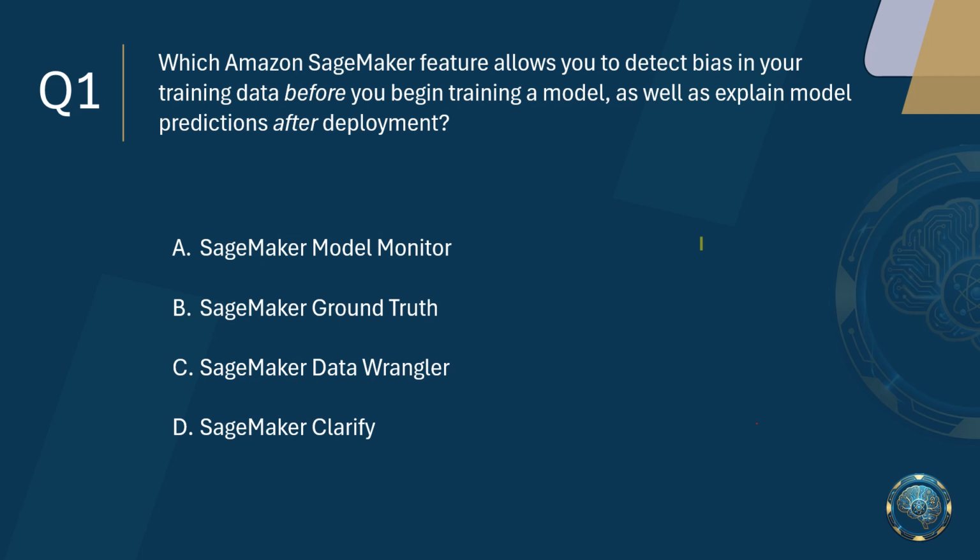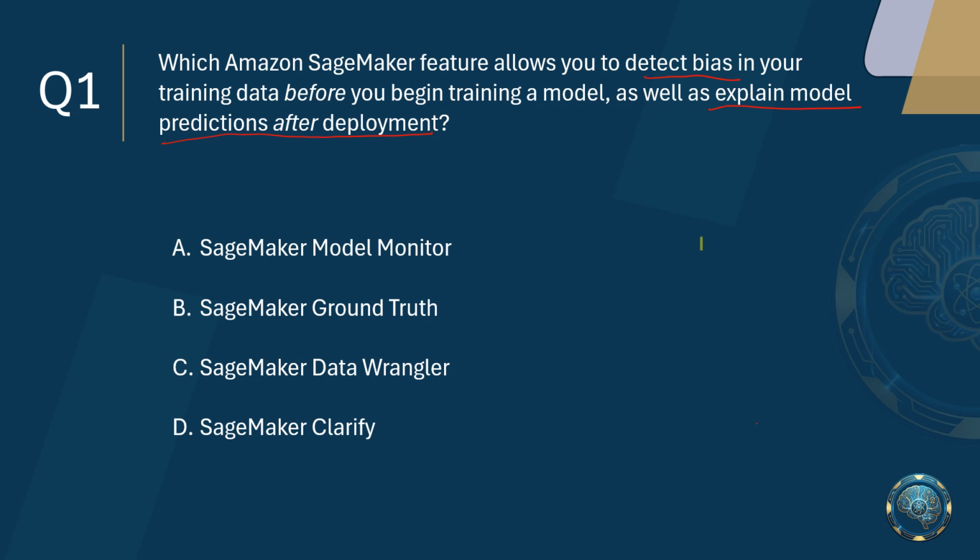The first keyword is detect bias. The second keyword is explain model prediction after deployment. But there is a third keyword which is completely hidden. This question talks about two phases. Phase 1 talks about training.